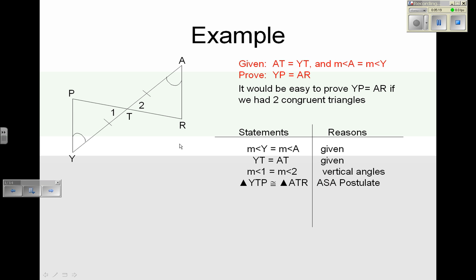And that gets me well on the way to the end of my proof here. I have the two triangles marked congruent, and as you can see here, I'm trying to prove YP equals AR. YP appears right here, YP and AR, so they correspond, so YP equals AR because of CPCTC.